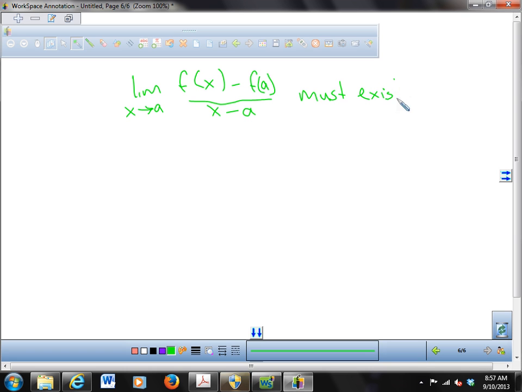What that means is that in order for a limit to exist, it needs to be the same from the left as from the right. So if the slope is not the same from the left and from the right, then the limit does not exist. So you might have a question like this.